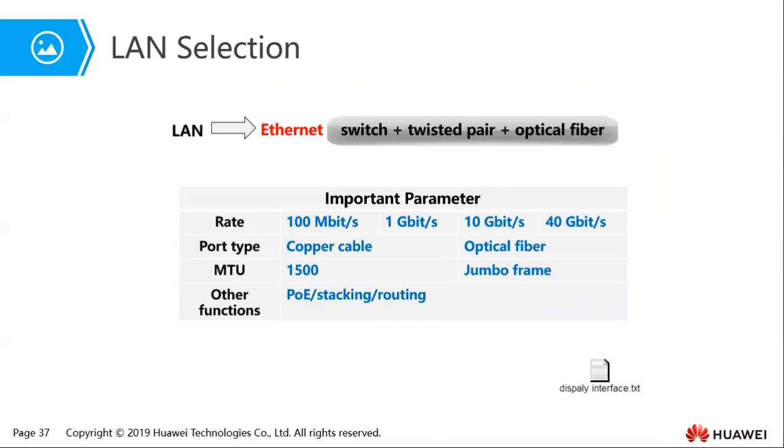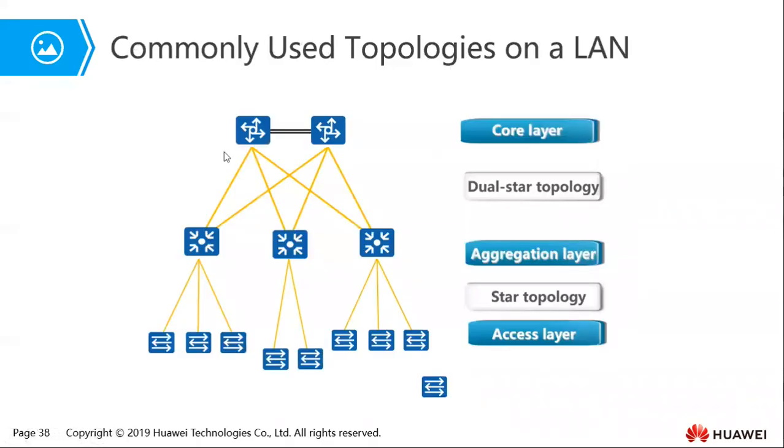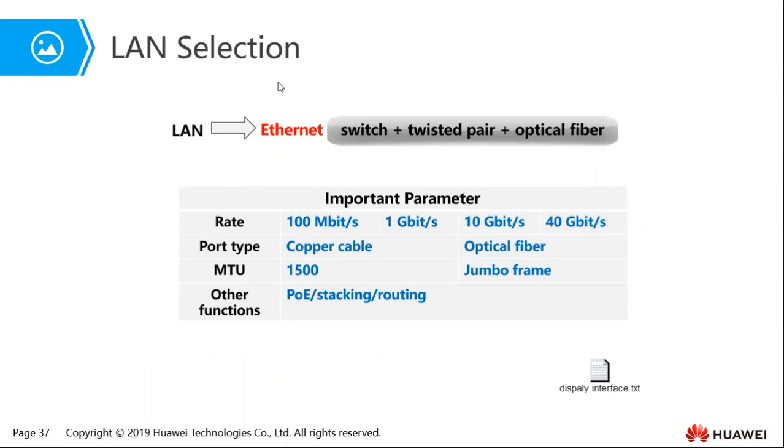Now, generally, our local area networks are Ethernet-based networks. Okay, so our LANs are actually Ethernet-based, and normally we use switches, especially at the access and aggregation layer.